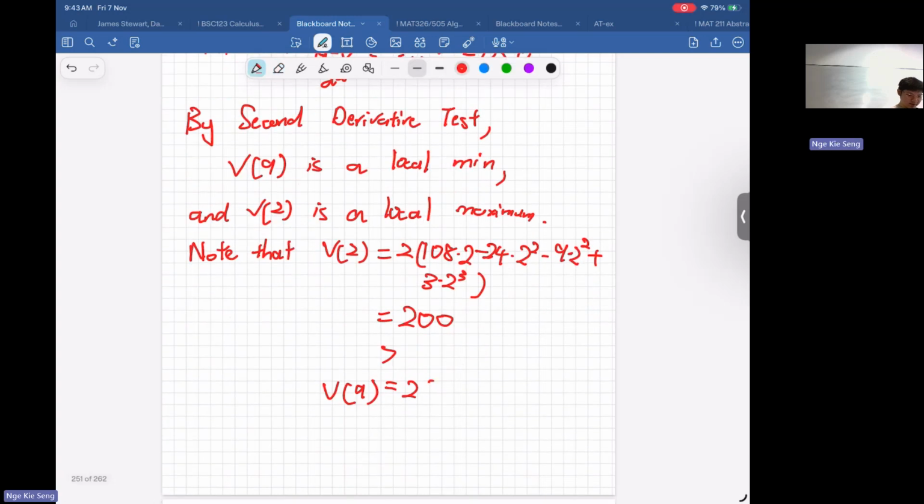What is V(9)? I suspect it's negative. What's the negative value? Maybe you can press your calculator. Anyone try? What's V(9)?